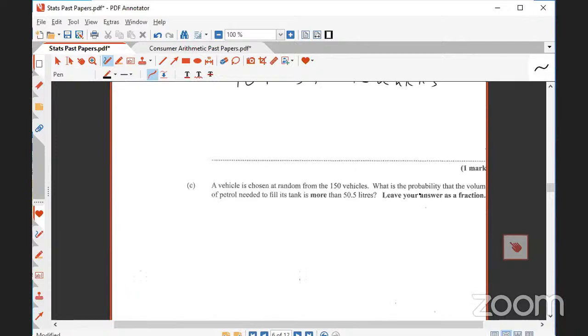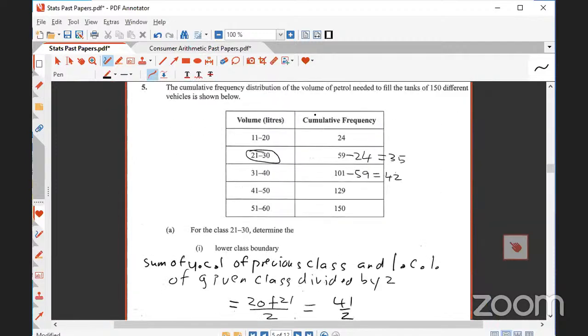It then says a vehicle is chosen at random from the 150 vehicles. What is the probability that the volume of petrol needed to fill its tank is more than 50.5 liters? Leave your answer as a fraction.